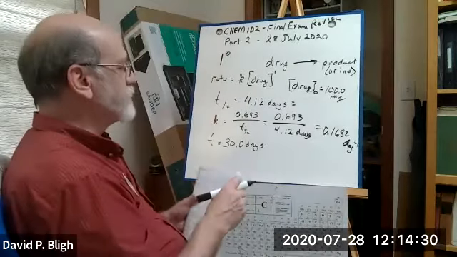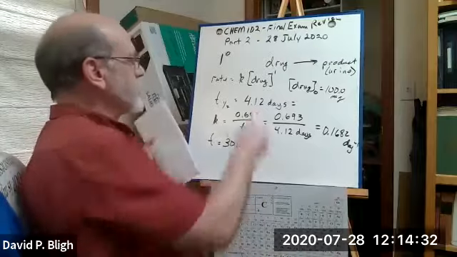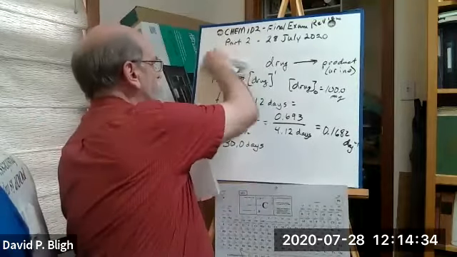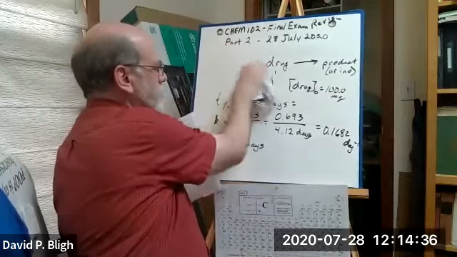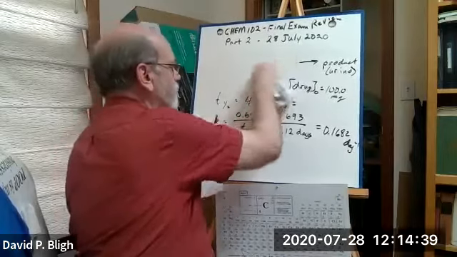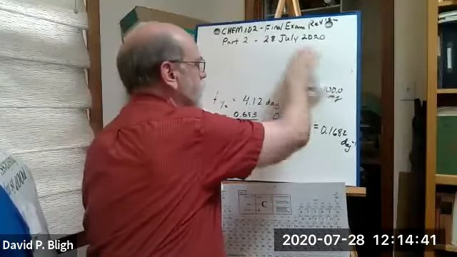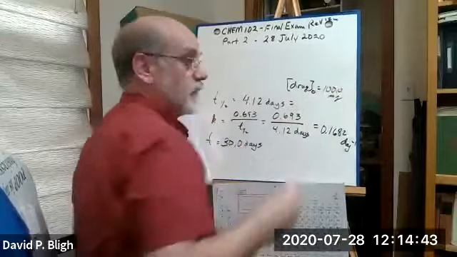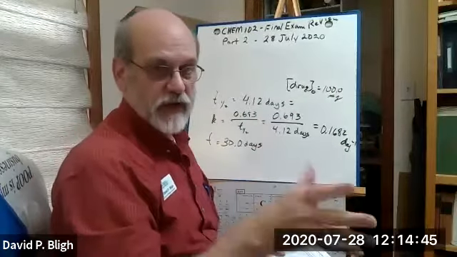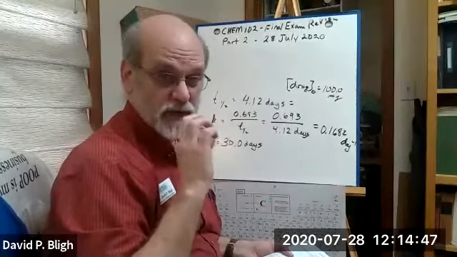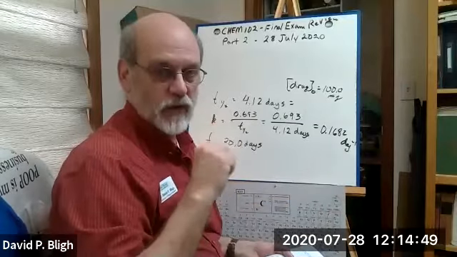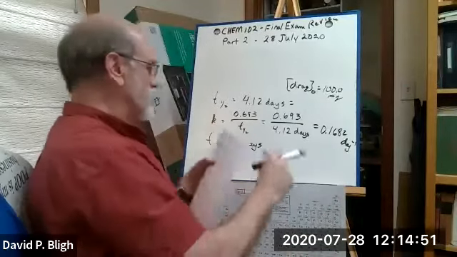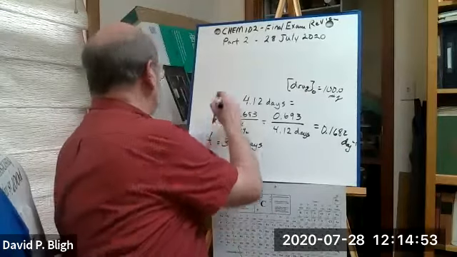So what's the operative equation here? Well, it's first order, and we don't need the differential anymore, so let me move that out. It's first order, so that means what? Zero order is straight concentration, first order is natural log, second order is inverse. So the natural log expression is the one that holds here.